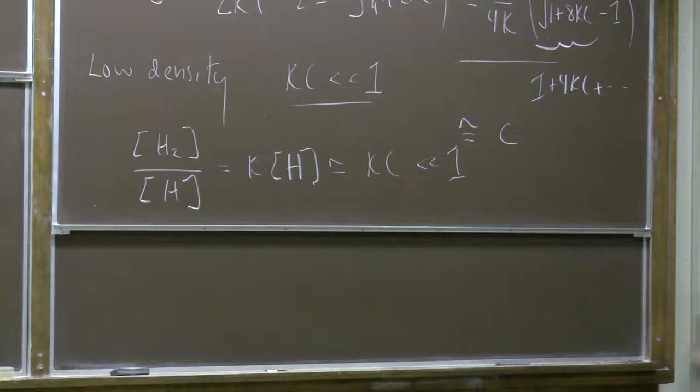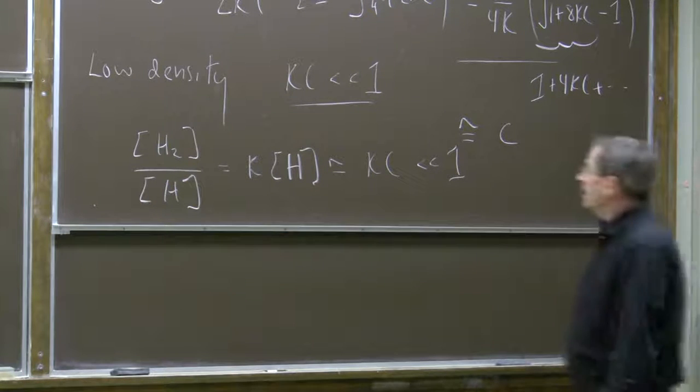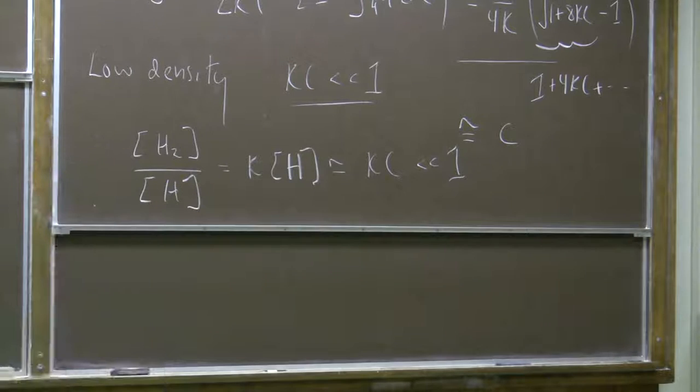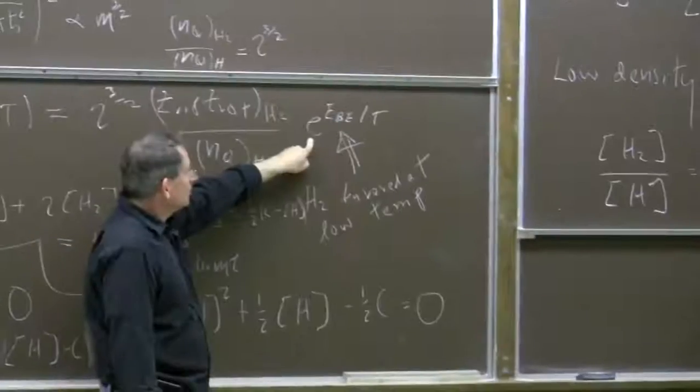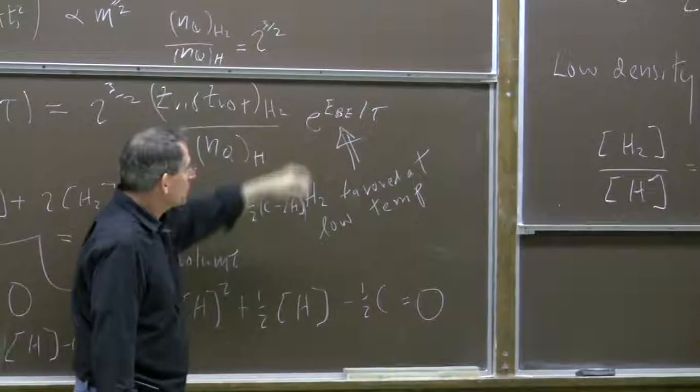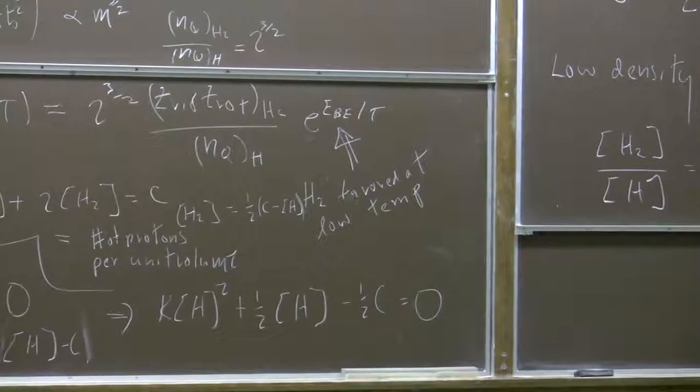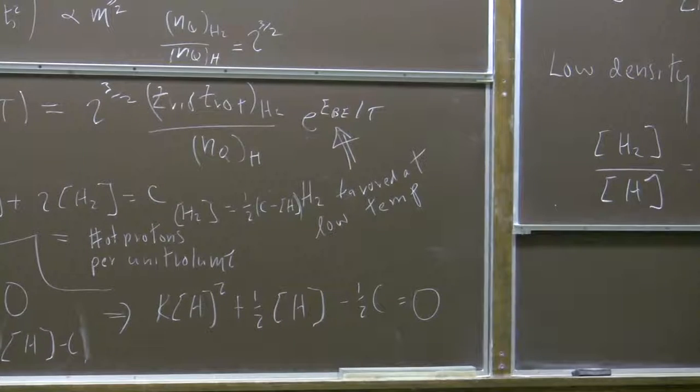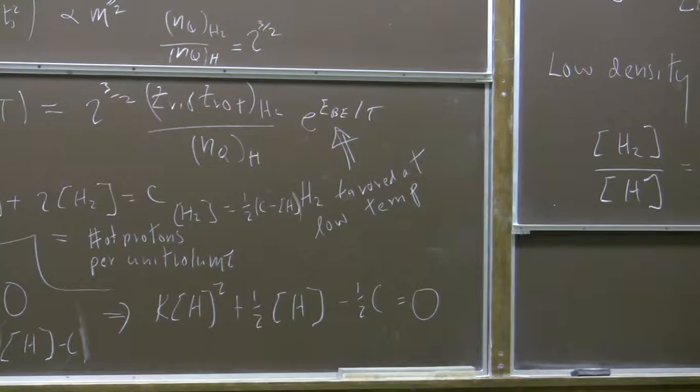So the hydrogen is almost all dissociated, but of course low density also means sufficiently high temperature because the constant K has this exponential in it, which is going to become large when the temperature gets small enough compared to the binding energy. So then we cross over into the high density region.